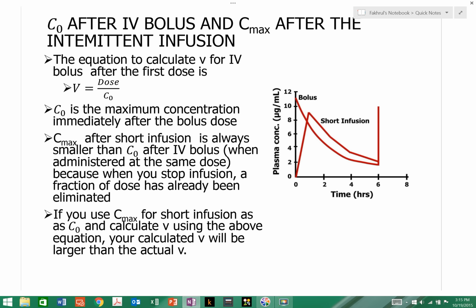Another important concept you have to remember: to calculate V we use this equation, but in the case of a bolus dose it is C0. In the case of short or intermediate IV infusion, if we use Cmax, you see there is a big difference.